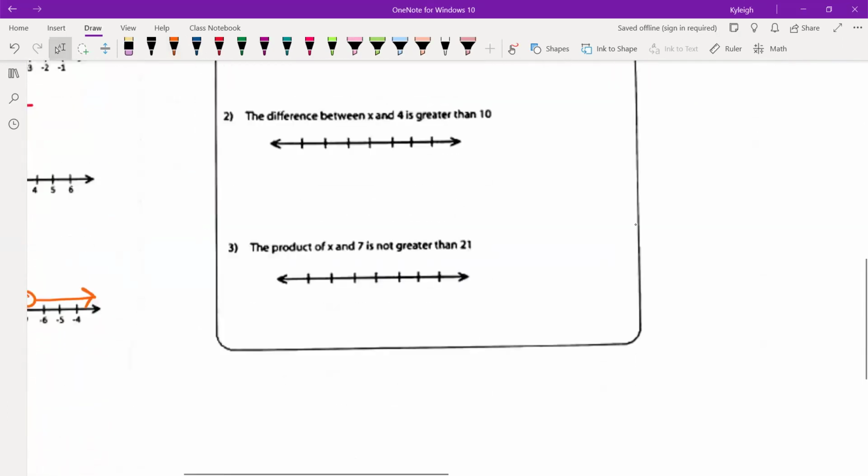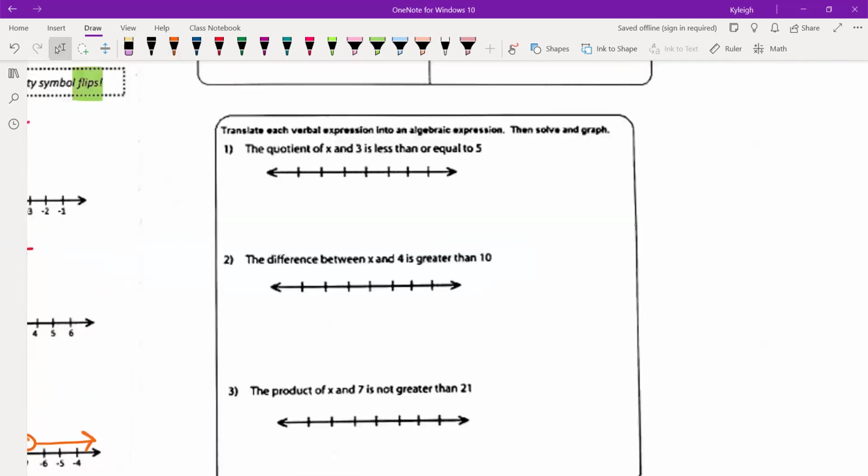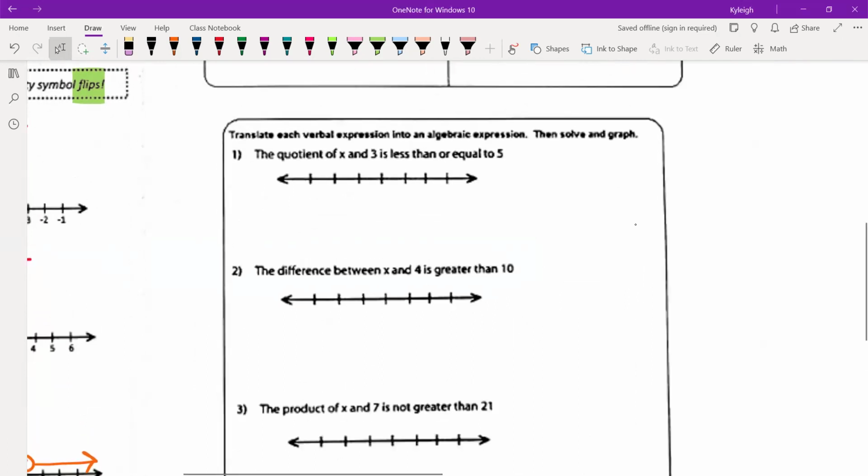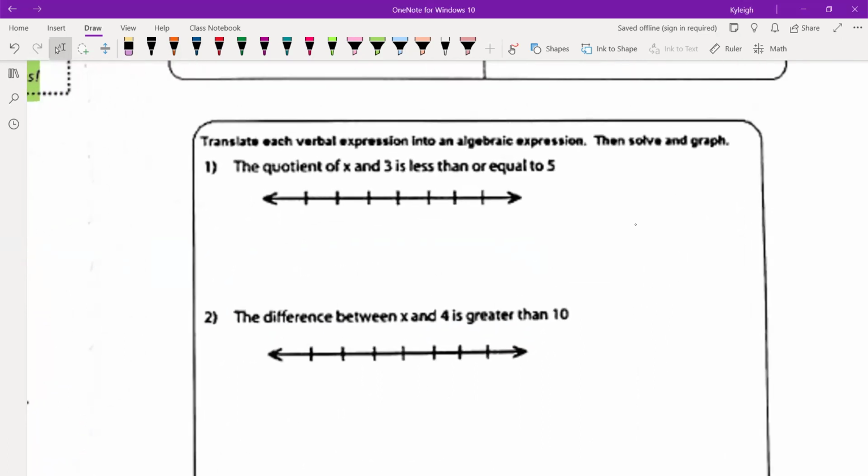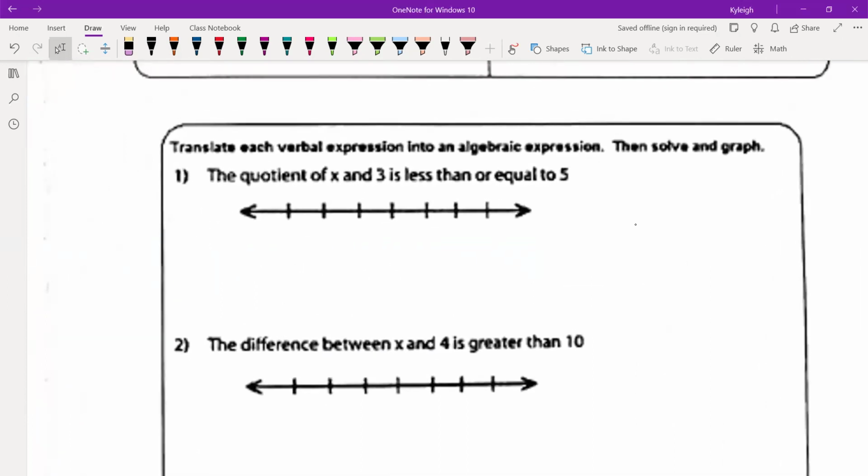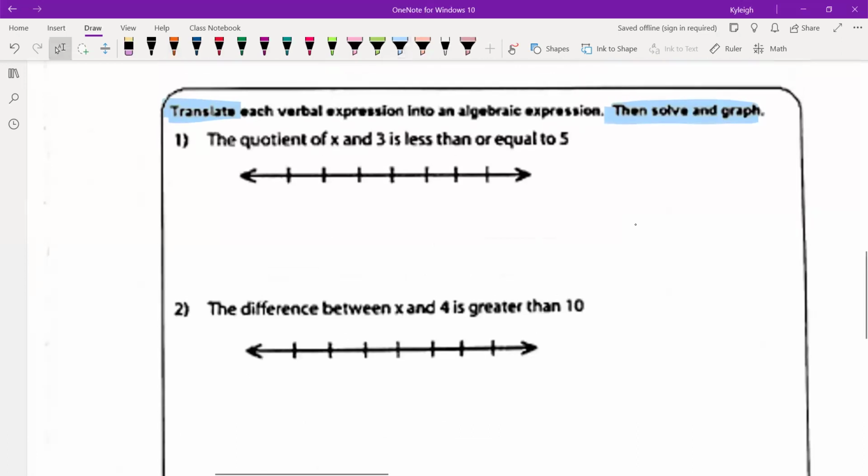Let's look at the bottom half of your homework because we didn't do any of those in the examples. So these you need to translate first. So write an inequality and then solve and graph. So if you don't remember the basic operation words, that's going to be a little bit complicated.